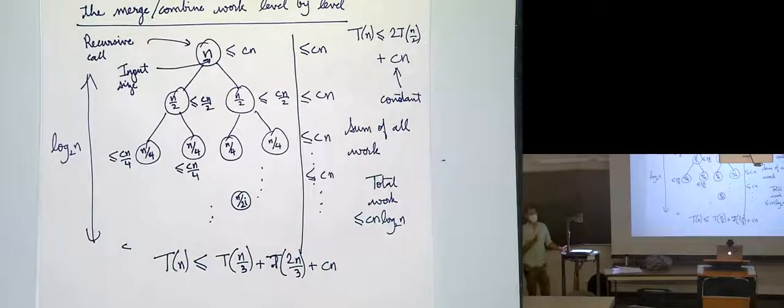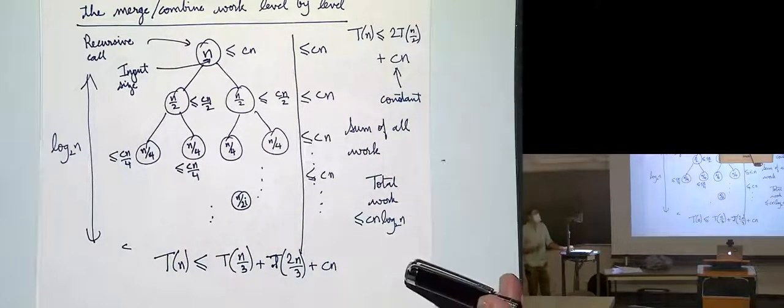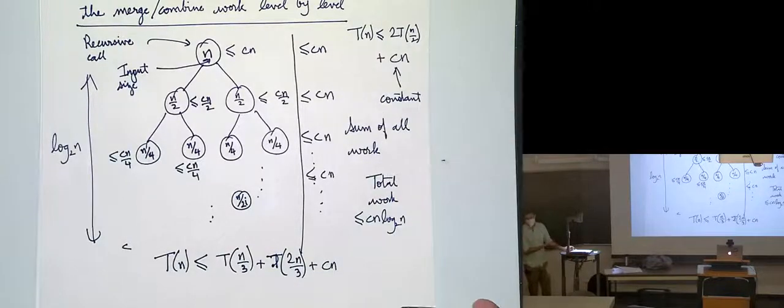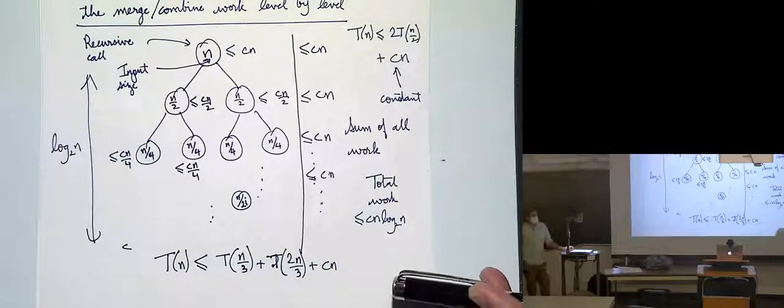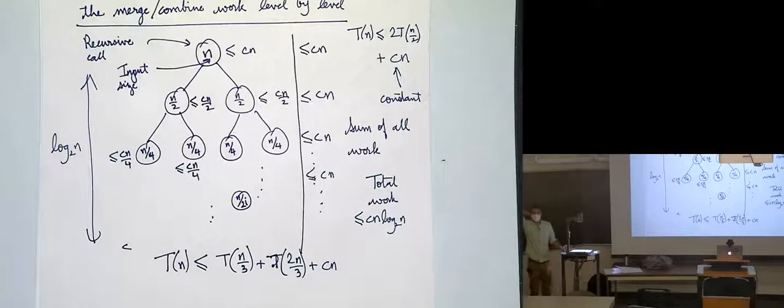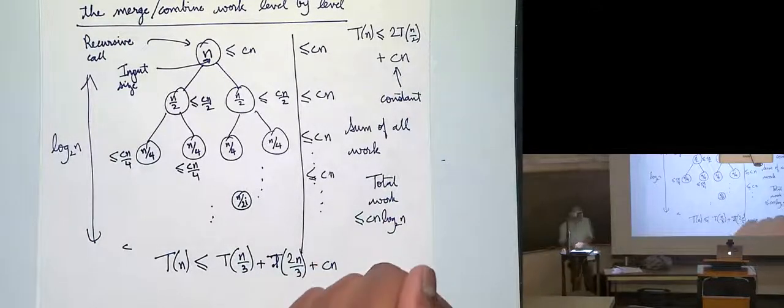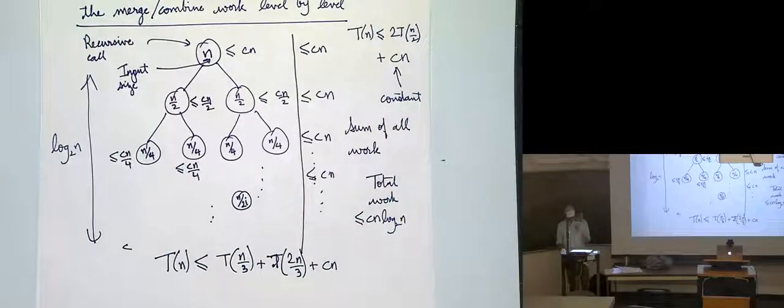Regardless, it's easy to compute the sum. If it's decreasing, it depends on the first term. If it's increasing, it depends on the last. Otherwise, it's the number of things times the depth, which is log n. My point is, if you draw this picture, you'll get some idea of what the solution should be. But then you have to verify that it is correct by induction.